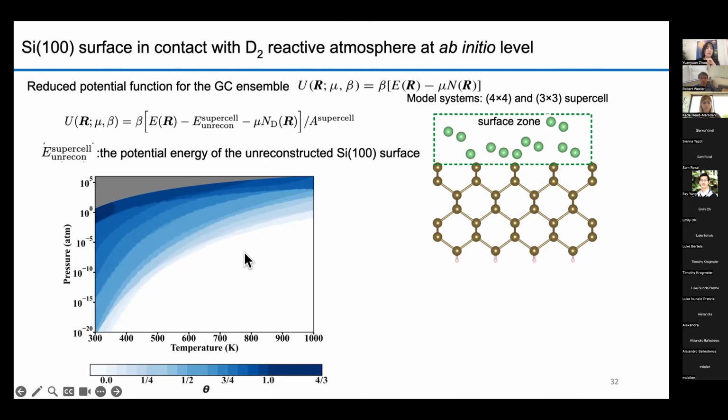Here we define our descriptor for the microstates as the coverage of deuterium, first estimate the partition function, and then calculate the free energy at the specific temperature and pressure. We got this phase diagram as a function of coverage. The white one is the pristine surface, and the dark blue is the maximal deuterium coverage. The gray region is beyond our current replica exchange grand-canonical samplings.